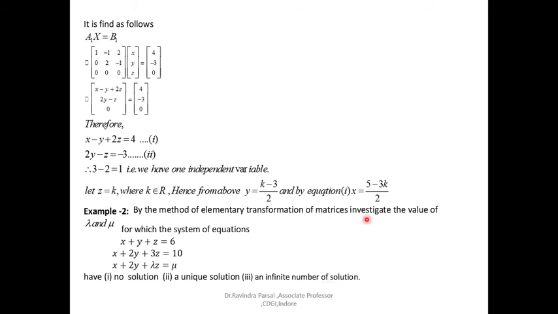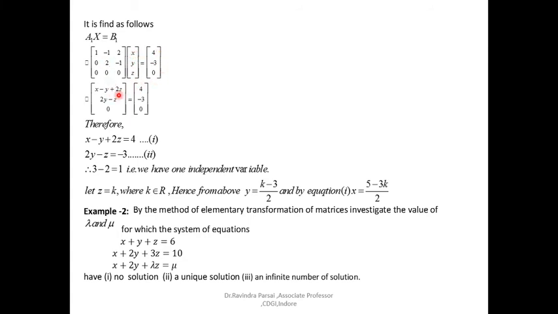Now how will you find that infinite solution? Let me analyze. It is found as follows: A1 x equal to B1. A1 is your coefficient matrix in echelon form, 1 minus 1 2, 0 2 minus 1, 0 0 0, with unknowns x y z, and constants 4 minus 3 0.